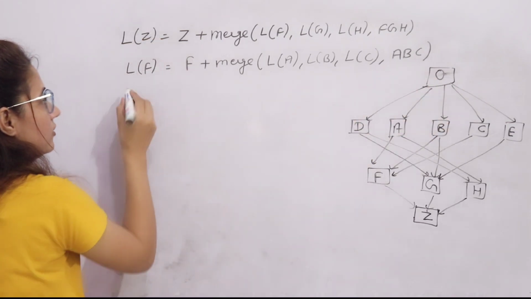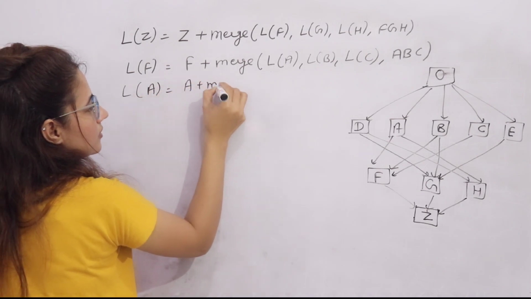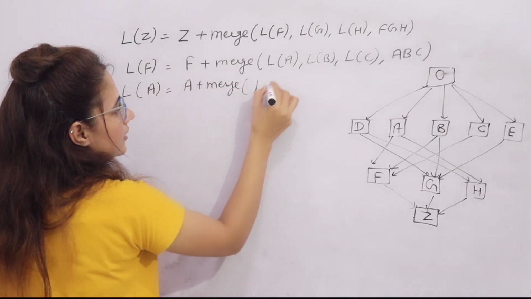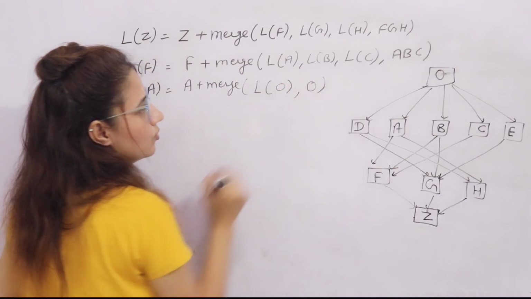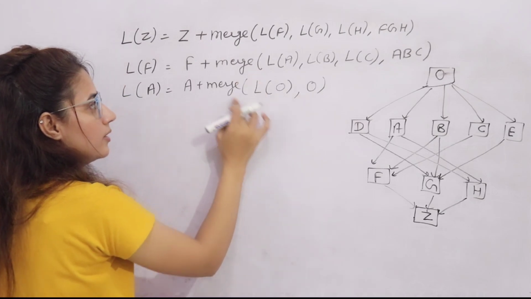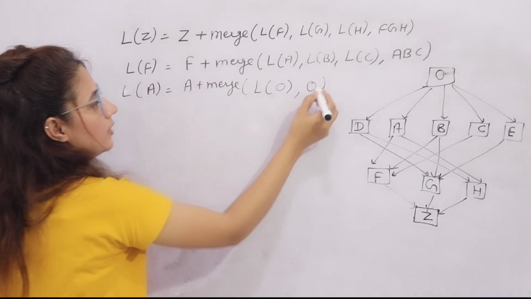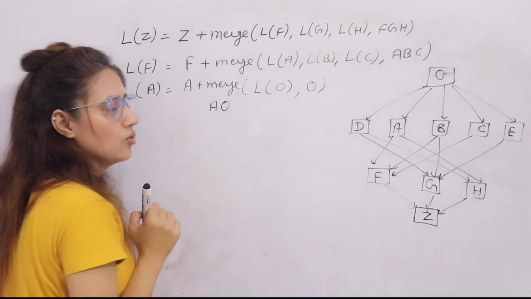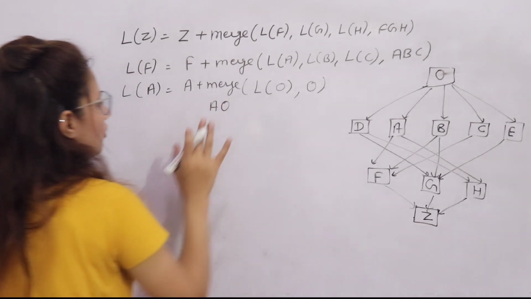Or if you want to write it, then you can write L of A is equal to A plus merge of the linearization of O and O. Both are object, so it would be O only. So it would be A and O. That's it. Right? Okay.